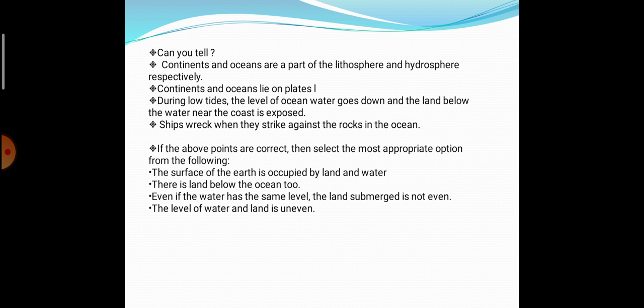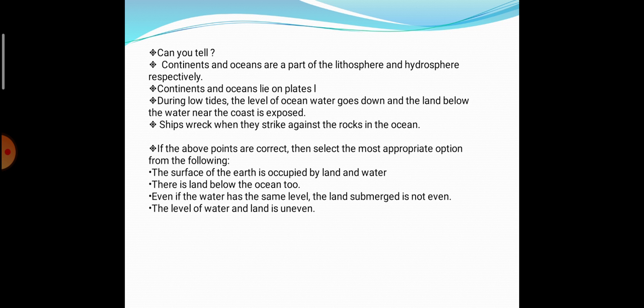Third: during low tides, the level of ocean water goes down, and the land below the water near the coast is exposed. Do we agree with this? Yes, to a certain extent. I will explain why it happens; the base of this is in your 7th standard geography. Fourth: shipwrecks, when ships strike against the rocks in the ocean.